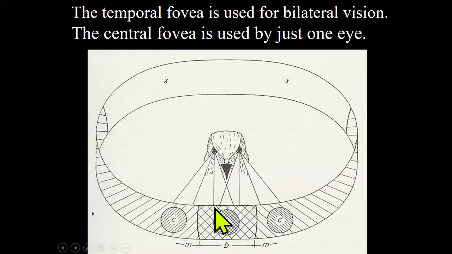So that means that the temporal fovea provides stereopsis for depth perception. The central fovea is unique to the eye. So you'll see birds sometimes sort of eyeballing something, it'll stick its eye up and look directly at it. When it's doing that, it's using its central fovea and seeing with just one eye. Okay. Does that make sense?